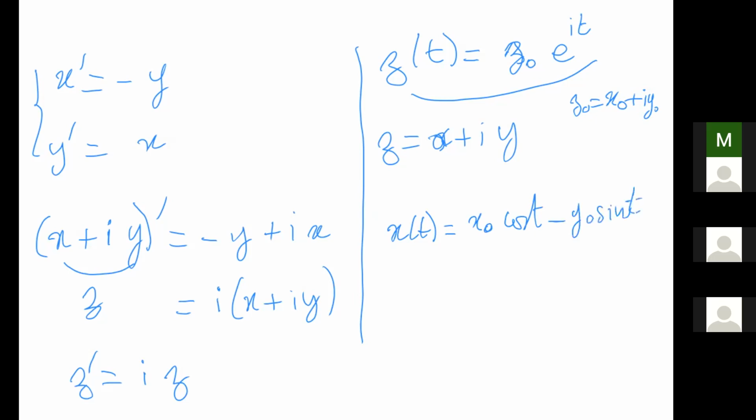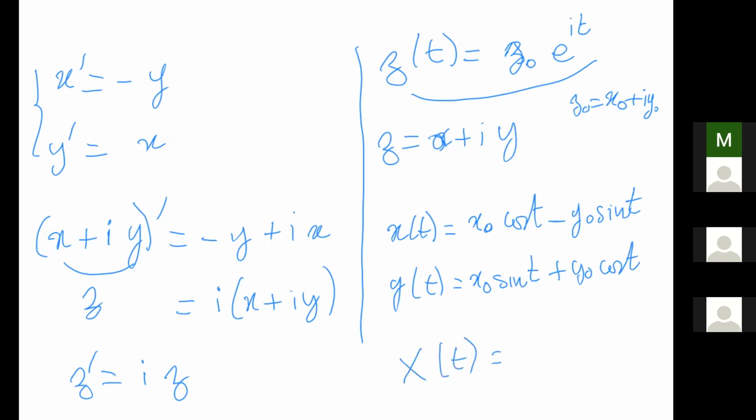So it's the formula for the real part of the product of two complex numbers, and y of t will be nothing but the imaginary part. So it will be x0 sine t plus y0 cos t. So I can write that in this form with a matrix. So it's a rotation matrix.